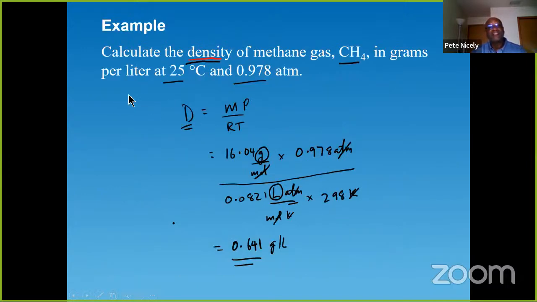Okay, so here's an example using that equation. This is the equation right here. The question gives us the formula for the gas, the temperature of the gas, and the pressure. So we can calculate the molar mass based on the formula.